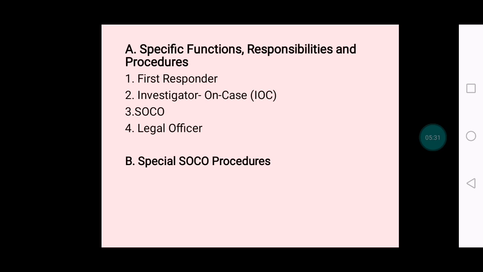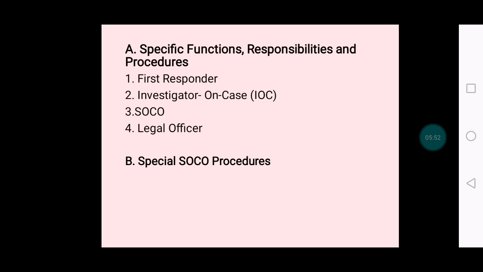In suspected or reported chemical, biological, radiological, or nuclear (CBRN) situations, the SOCO shall directly coordinate with the Special Rescue Team of the BFP and other appropriate government agencies.